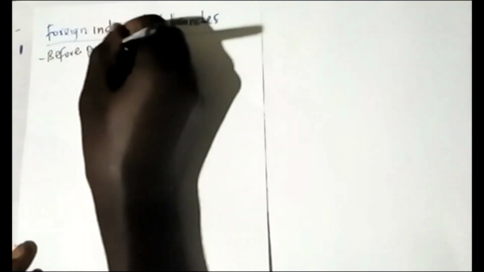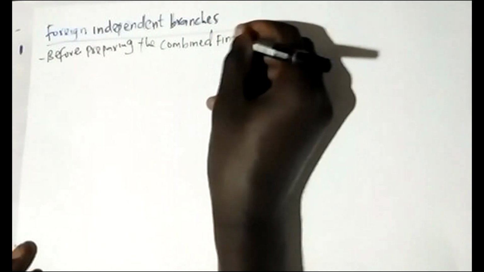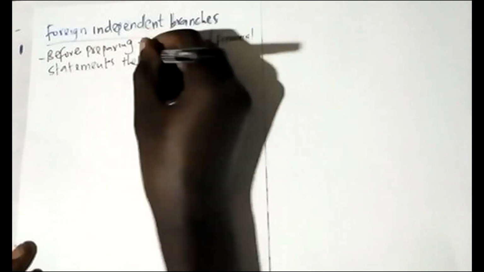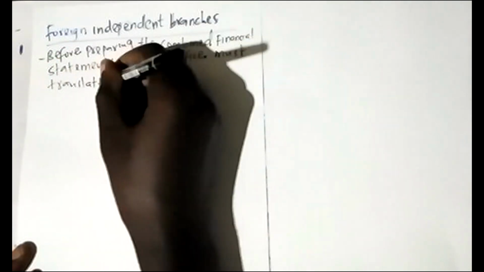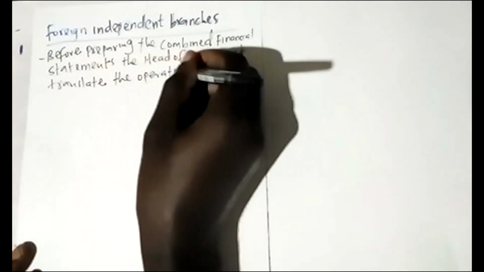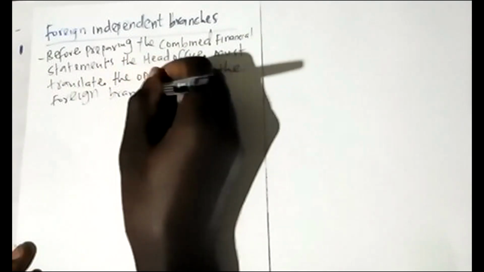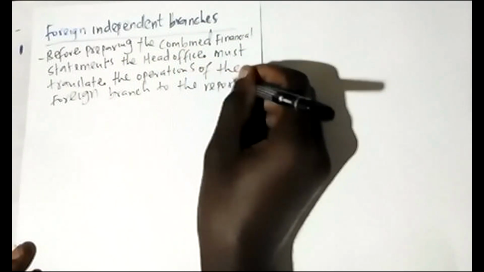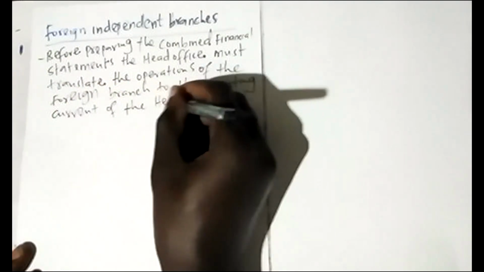So when we talk about foreign independent branches, I've said before, preparing the combined financial statements, the head office must translate the operations of the foreign branch to the reporting currency of the head office.